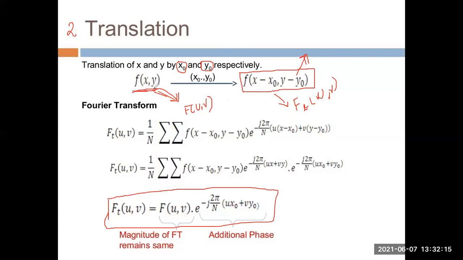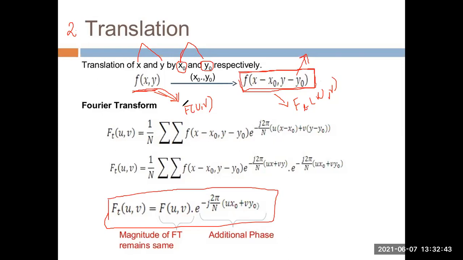Again, I'm repeating: if f of x, y is the original image, and x, y is the original coordinate, suppose I am performing a translation, shifting to the new coordinates x0 and y0. Then the actual representation in the spatial domain will be f of x minus x0, y minus y0.